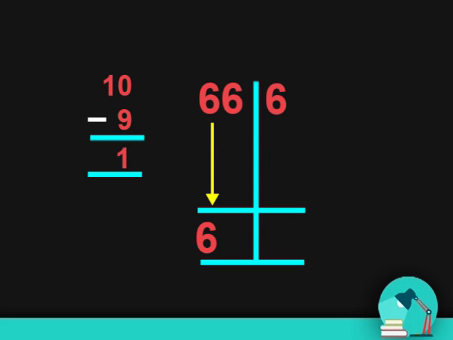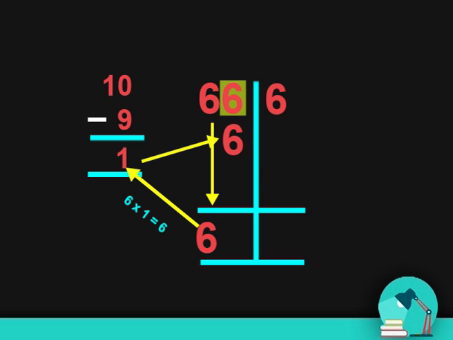Bring down the first digit, that is 6, and multiply it with the difference and write it below the second digit of the dividend. Now, add 6 and 6 to get 12. It is worth noting that while writing the number 12, we will write 12 like this.